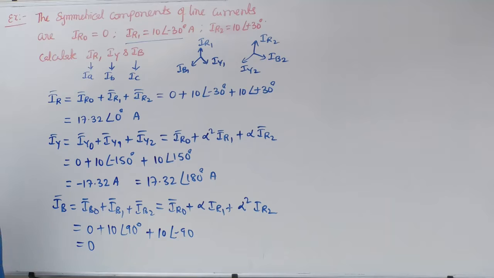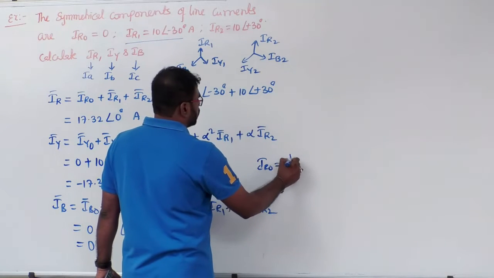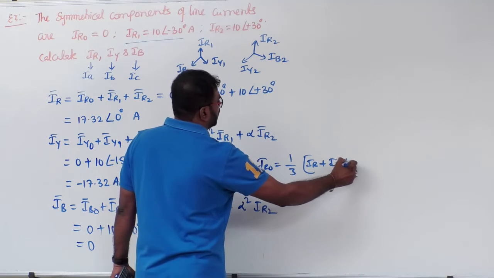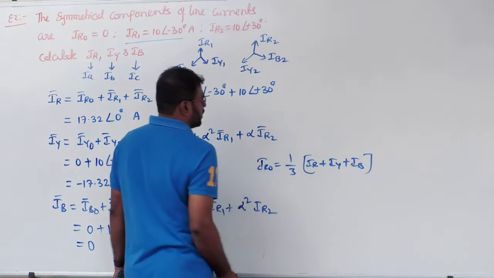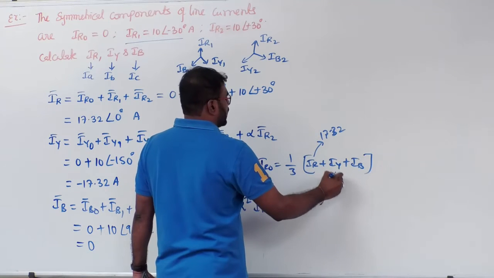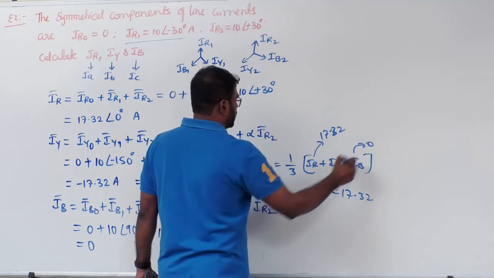Now how to cross verify? Very simple. Only one thing you need to check: IR0 equals one-third times IR plus IY plus IB. IR is 17.32, IY is minus 17.32, IB is 0.